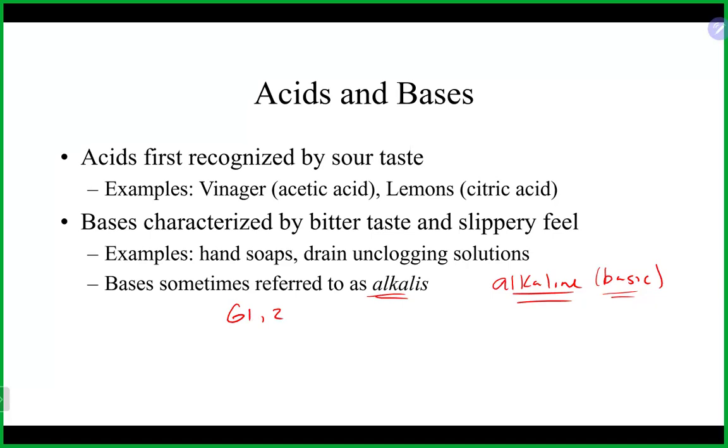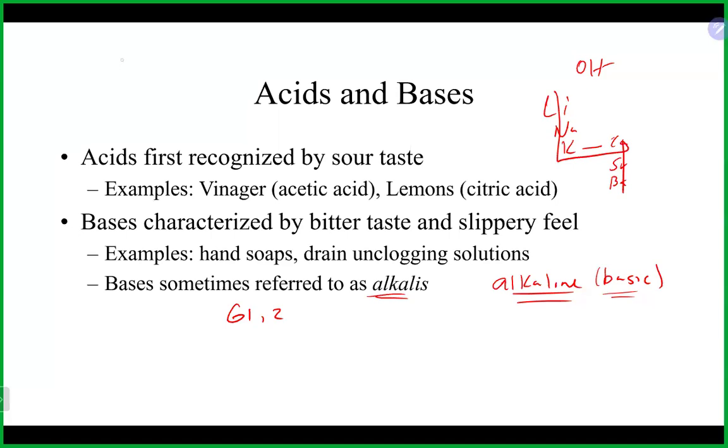If you look at group 1 and group 2, you've got lithium, sodium, potassium, and then you hang a right to calcium, strontium, barium. If you pop a hydroxide on those guys, you're going to probably have a strong base. So a lot of strong bases come from those two groups on the periodic table.